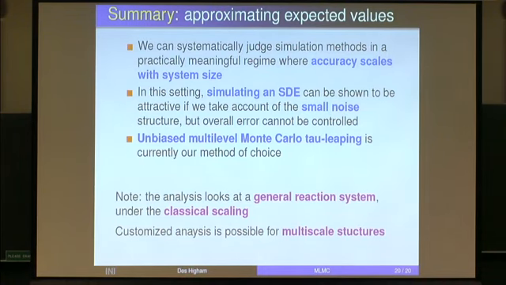Just to summarize what I've talked about there, the motivation for this was to try and compare methods. There's a lot of literature where methods have been tried on particular examples, where analysis has been done, but we feel that there was a need to clarify when and where a particular method is useful. We've chosen this regime where the accuracy that you ask for scales with the system size because we think that's an appropriate way of measuring complexity.